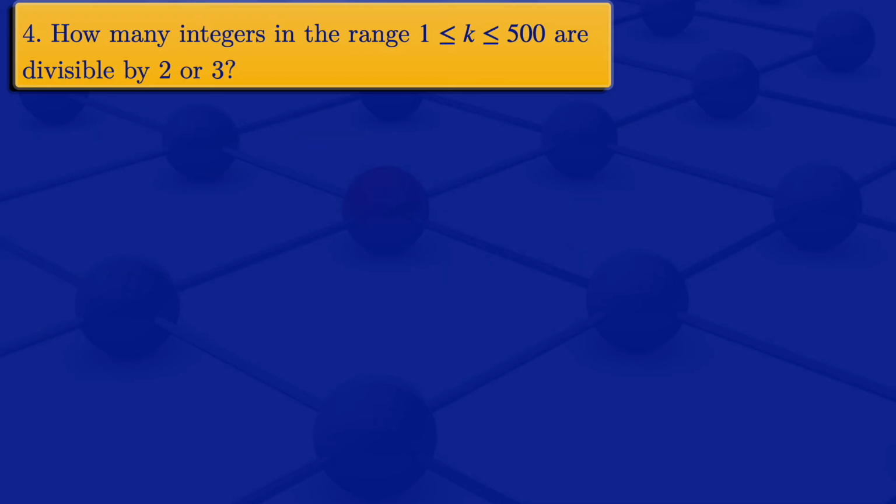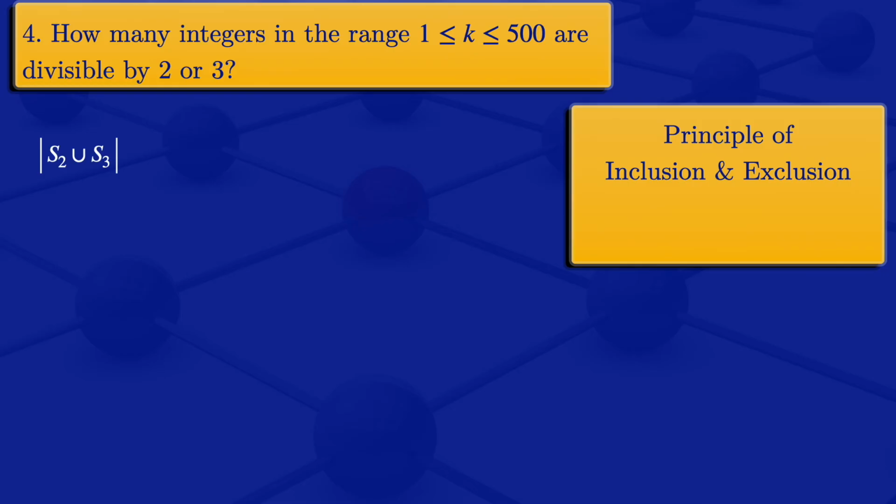It's asking for numbers that are divisible by 2 or 3. Using set notation, that will be the cardinality of S2 union S3. For this, we can use the principle of inclusion and exclusion.